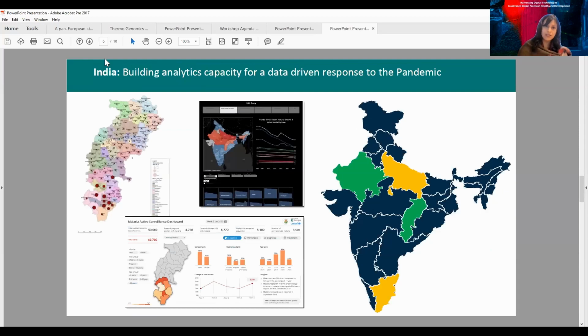Over the past 2 years, and this is largely pre-COVID and early days of COVID, we worked very closely across India and Sub-Saharan Africa. And the focus there was, again, looking at primary use cases. In India, we looked at malaria and what active surveillance for malaria looks like. How does one inform outreach? How does one gather the data?